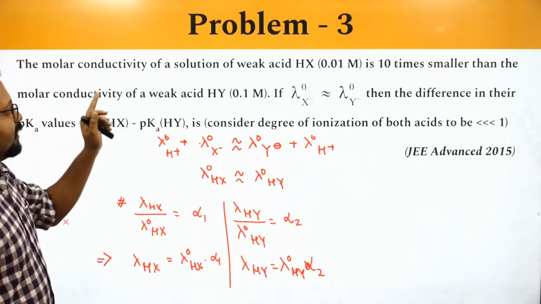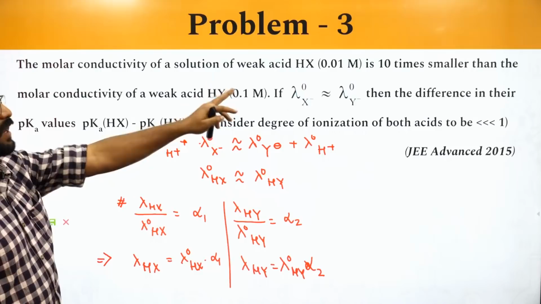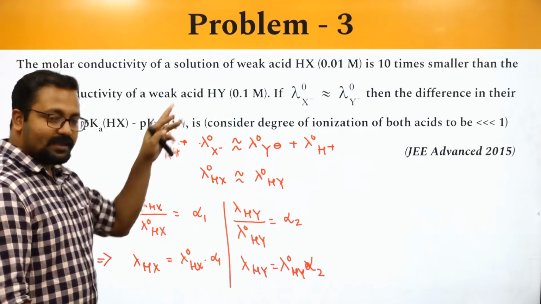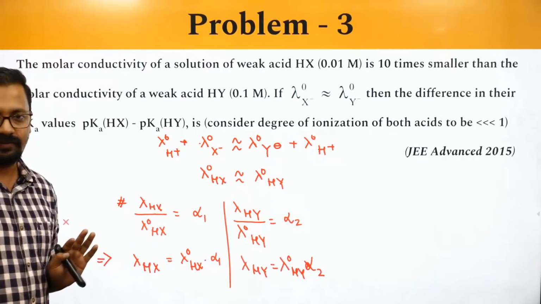Now there is another relation which is also given. The molar conductivity of a solution of weak acid is 10 times smaller than the molar conductivity of hy. So hx is 10 times smaller than hy.